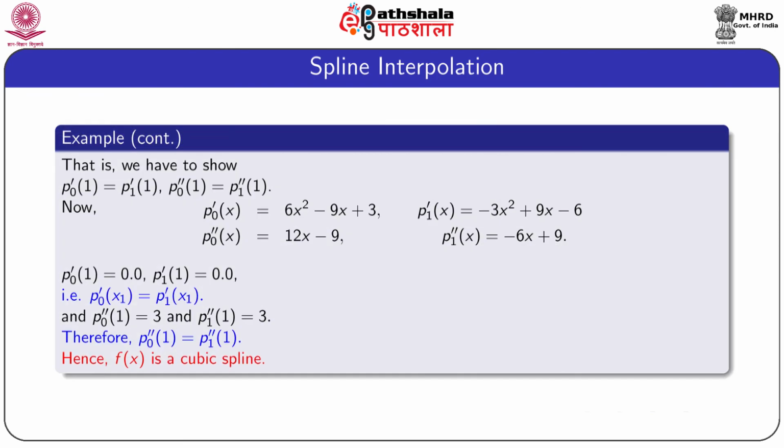And the second derivative of p0 at 1 equal to 3 and the second derivative of p1 at x1 is also equal to 3. That means, the second derivatives of p0 and p1 are equal at x equal to 1. Thus, all the conditions of cubic spline are satisfied by the function f(x), then we can conclude that f(x) is a cubic spline.